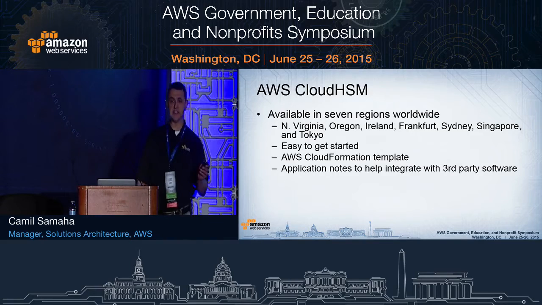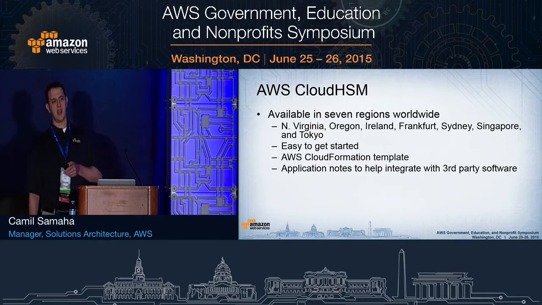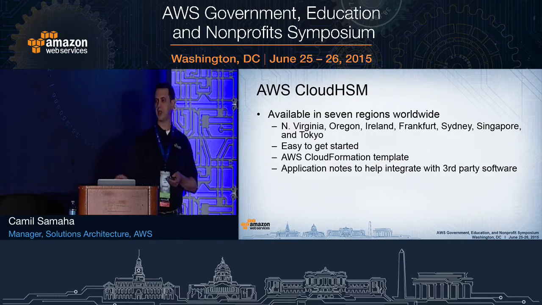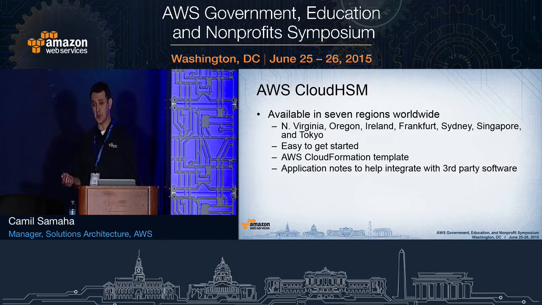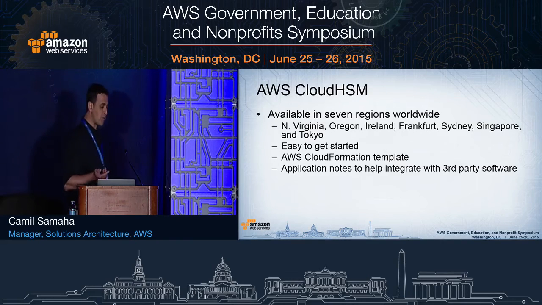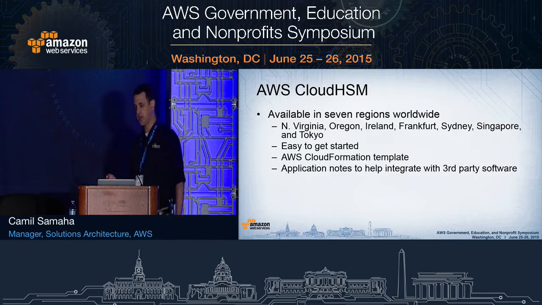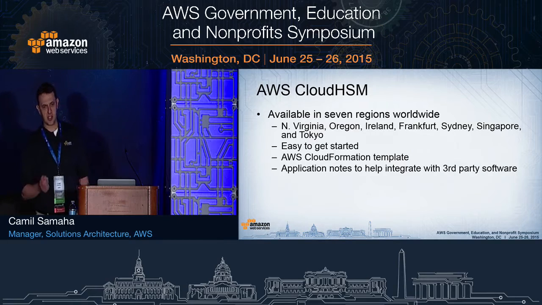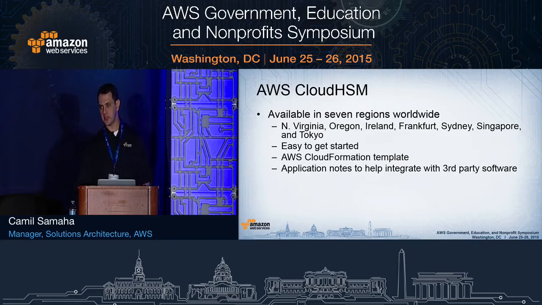We also make it very easy for you to get started. We have a CloudFormation template that will launch your VPC environment, your subnets and the security groups, and actually launch an EC2 instance with the SafeNet client application pre-installed on the EC2 instance. So you can launch that template, and it will create that stack for you automatically with the SafeNet client already installed.